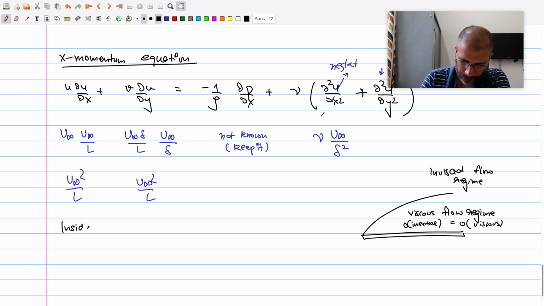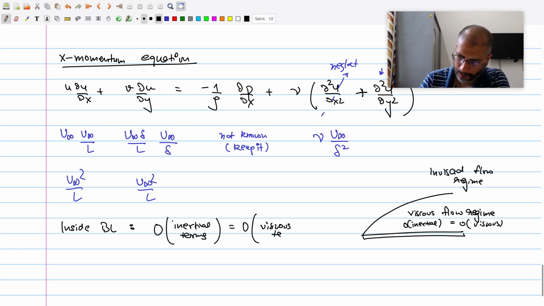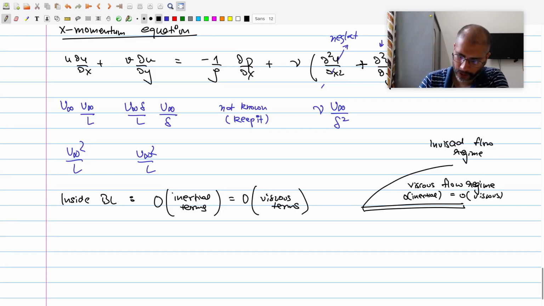Inside the boundary layer, we just saw that the order of the inertial terms is u infinity square upon L, and the order of the viscous terms is nu u infinity upon delta square.